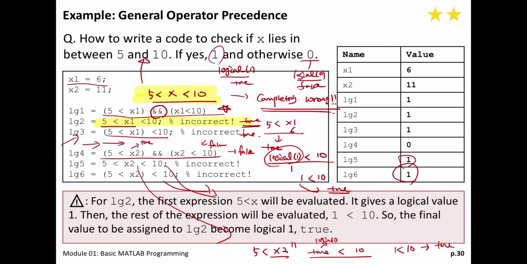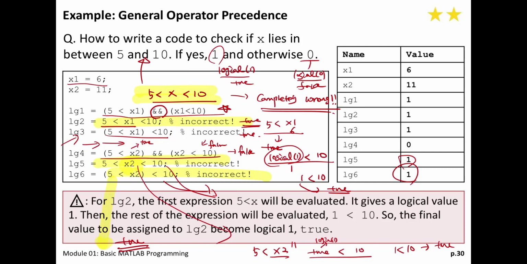Okay, basically, regardless of the x value, this script gives us always true. Okay? That's why this script is wrong. It's totally wrong.